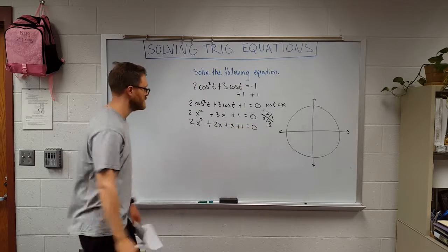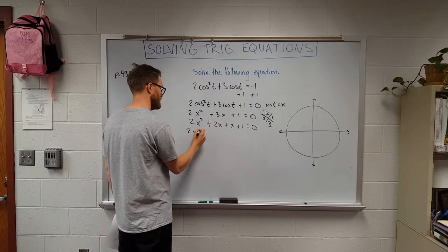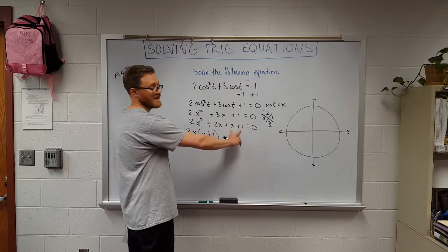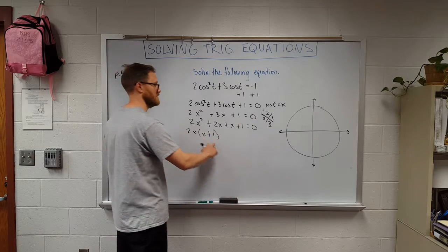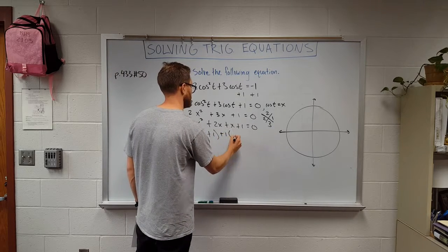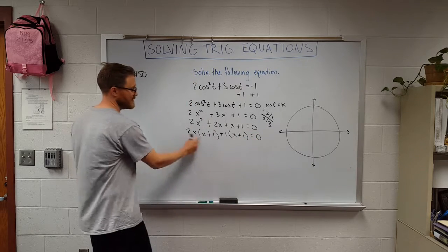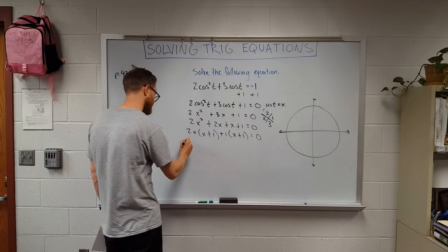Now I have this. So I'm going to factor whatever I can out of the first 2 terms. So I get 2x times x plus 1. And then I'm going to factor whatever I can out of the next 2 terms so that I match this binomial here. So I'm going to factor 1 out. And now if I look at this term and this term, I can factor an x plus 1 out.